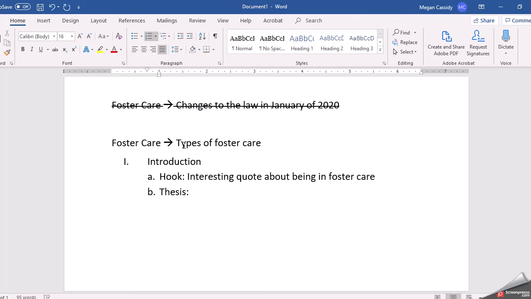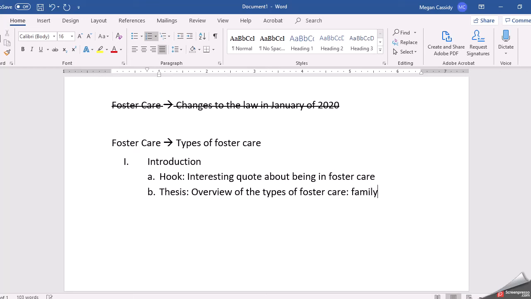So here, I'm looking at a couple different types. I'm going to give an overview here. So I'm not going to write my actual thesis, but I'm just going to put what would be in my paper. So an overview of the types of foster care.